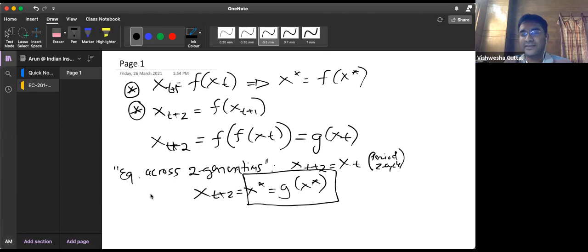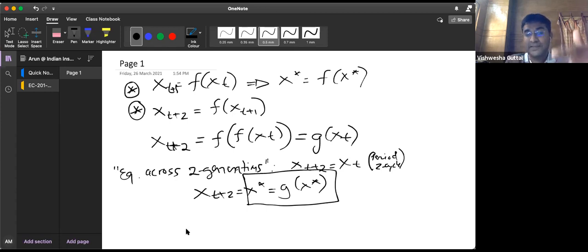It could be a period 3 cycle. Then I can define x of t plus 3 is equal to a new function h of xt, where h of x is given by f applied to itself 3 times. And then we can therefore calculate the equilibrium again. If you look at chapter 10 of Strogatz, which I have recommended you to read, if you're interested in a more mathematical understanding, these points are covered there.